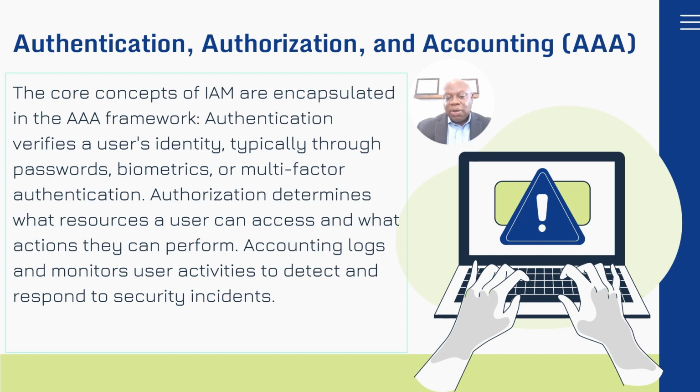The accounting logs and monitoring is really used for activities to detect and respond to security incidents. So that's why that last piece is important. It's really accountability of looking at logs, and detecting and monitoring is going to give you a good sense for what and how those individuals are coming into the environment.